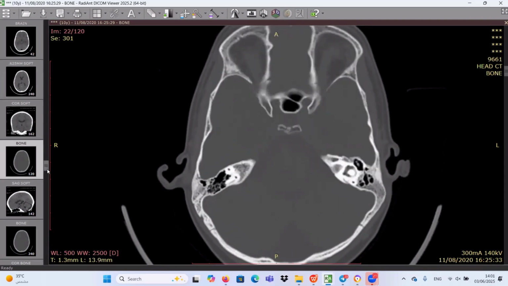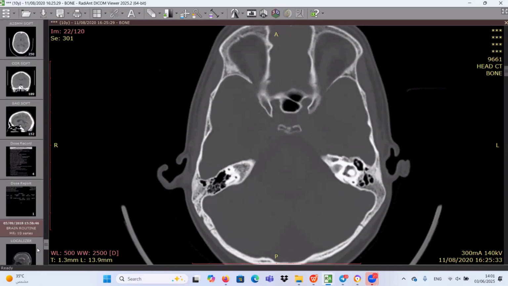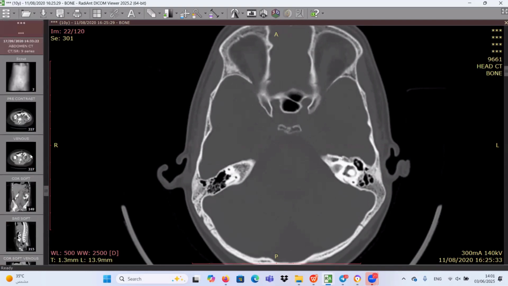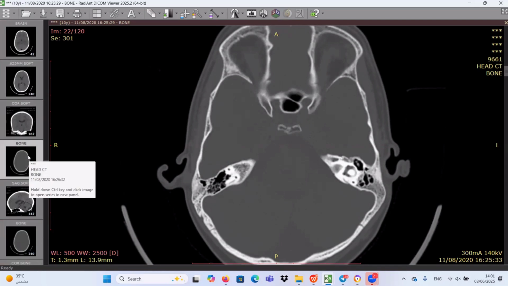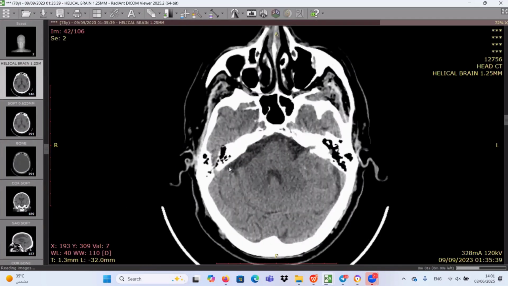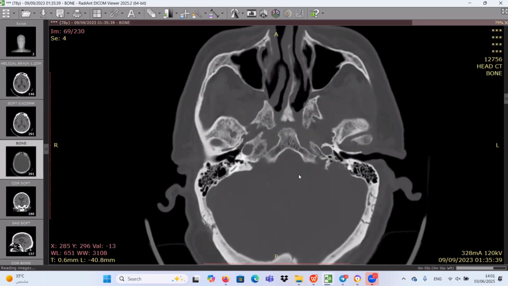And in our case, I'm sorry, let me wait. No worries. Let's go again. So we have here a mass lesion centered upon the left aspect of the petrous bone, centered upon the left endolymphatic duct, and this one is most likely an endolymphatic sac tumor.